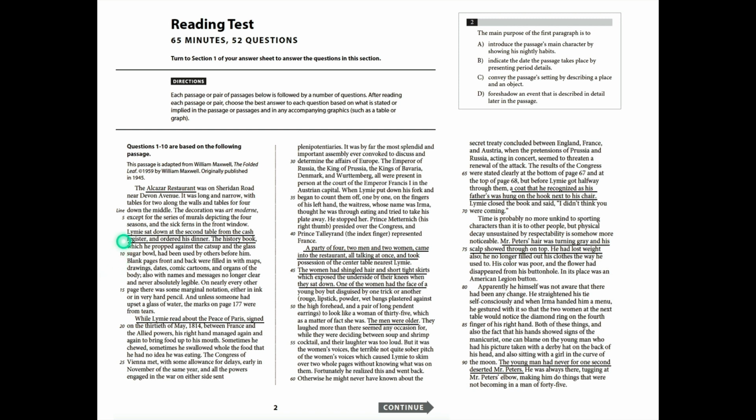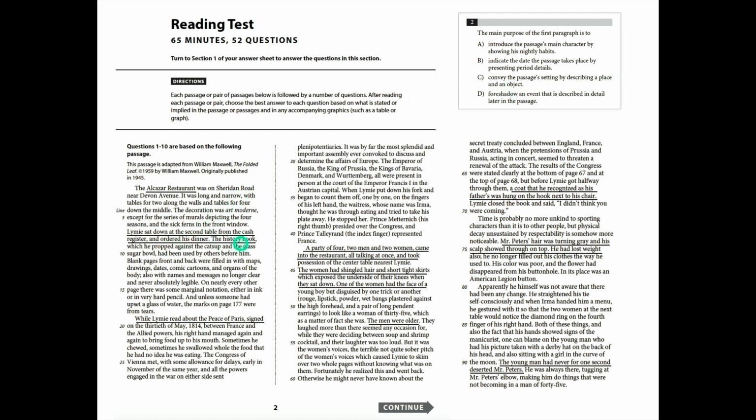So we go to our answer choices. And once again, reading the question, the purpose of the first paragraph is to convey the passage's setting by describing a place, okay, describing the restaurant right here, that's done right up to here, and describing an object. What's the object?